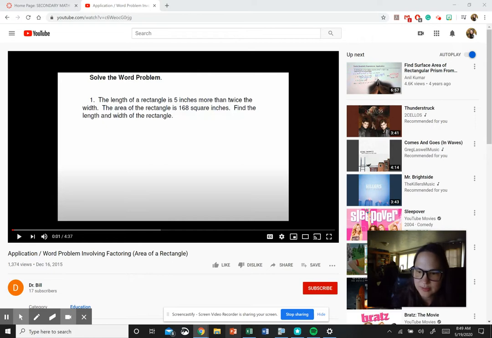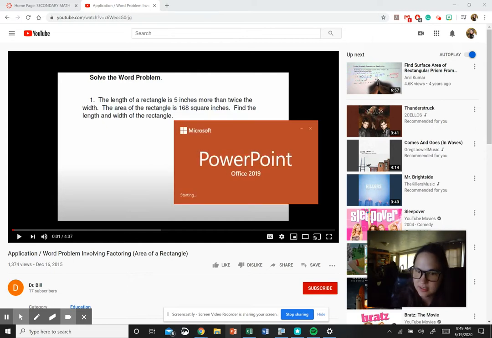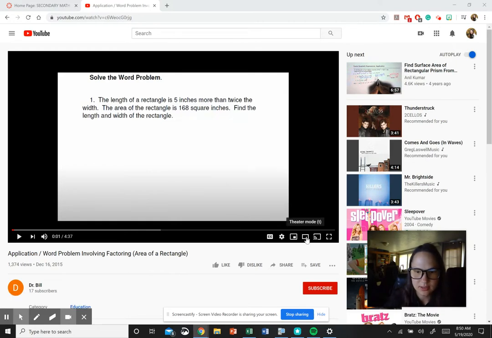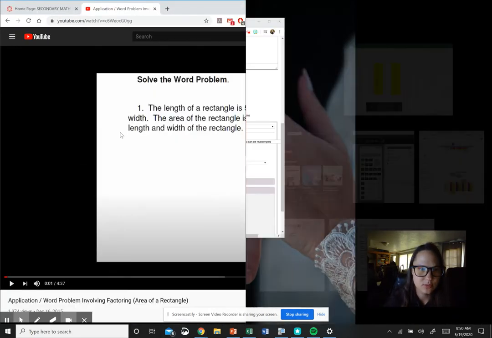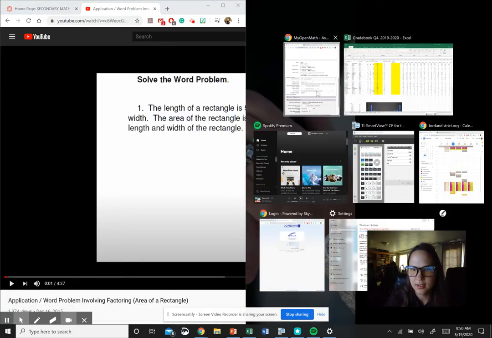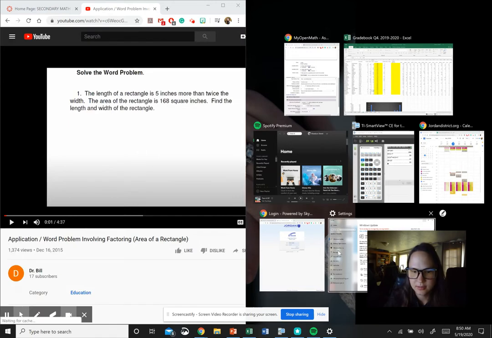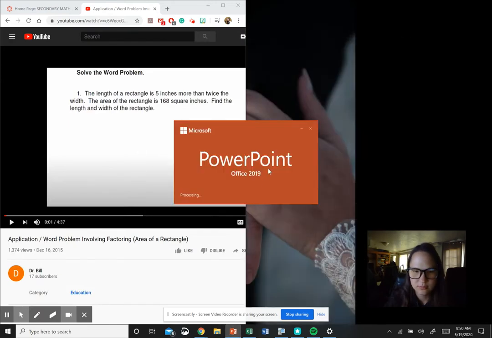publisher document. It's a thing. Don't question me. I have to wait for it to load. Sorry. All right, while we're waiting for that to load, I'm going to change this to theater mode. Then I'm going to squish it over here, and open this.